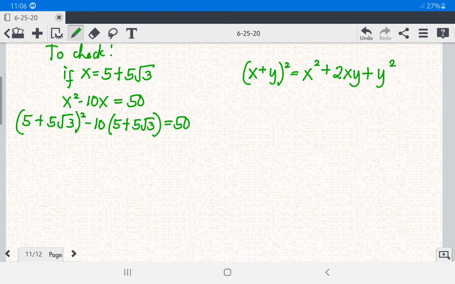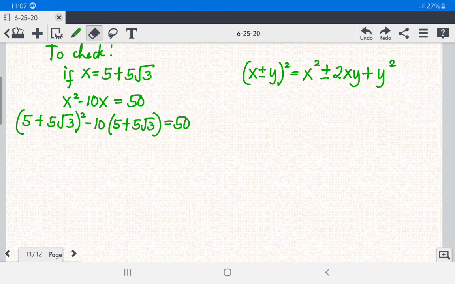If this is minus, of course here, this is minus also. Okay, so the first term is 5, right? And the second term is 5 square root of 3.